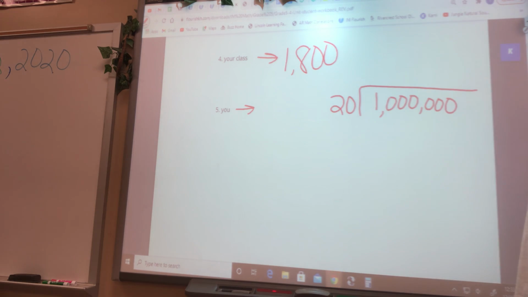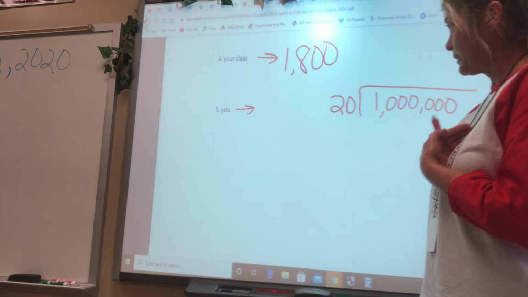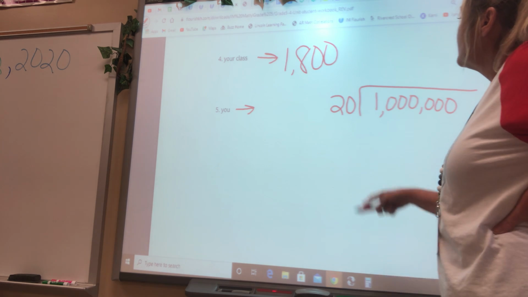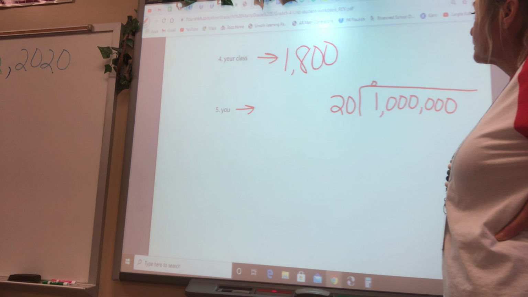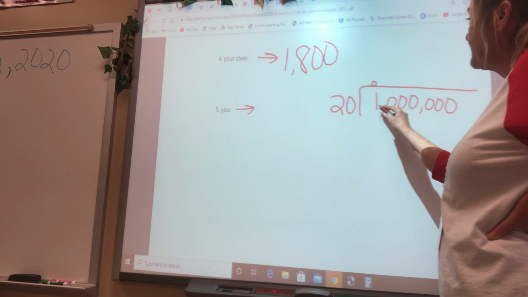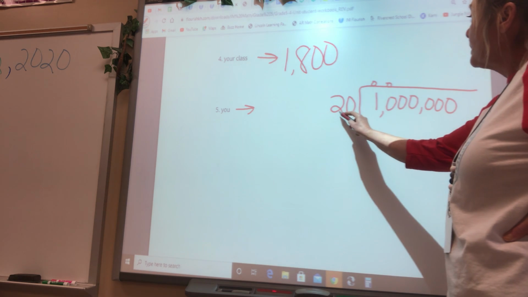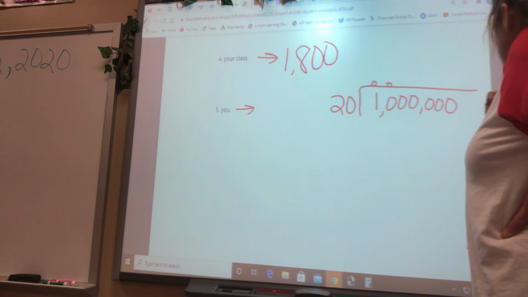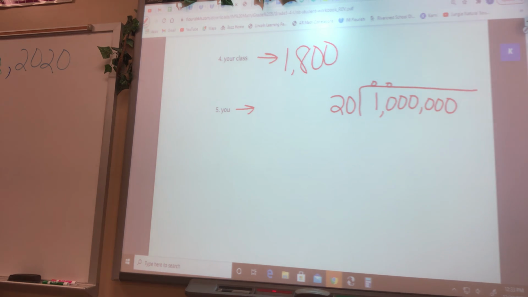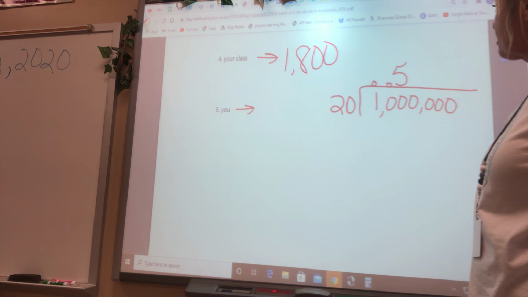So then if I divide my 1 million by the 20 that I could just drink by myself, 20 won't go into 1, so placeholder 0. 20 won't go into 10, so placeholder 0. But 20 will go into 100.